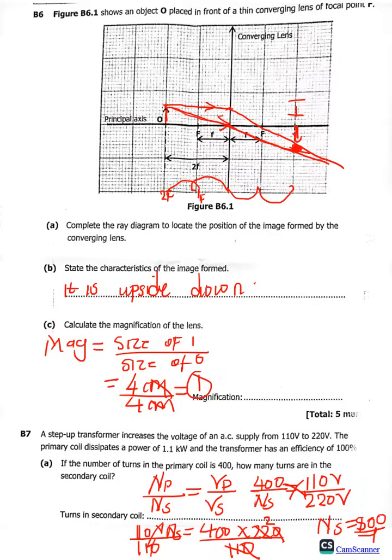So these were the number of turns on the primary coil, and it makes sense. If we analyze the data, the primary coil has a voltage of 110, then the secondary has 220. So what happened was the voltage doubled.